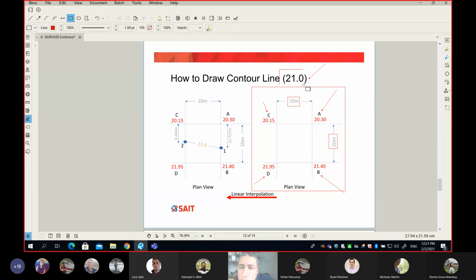Remember, by definition, when we say contour 21, it's a line connecting all the points of the same elevation of 21. You agree? When I say contour line 21, this line connects all the points that have elevation 21. That's the definition of a contour line.